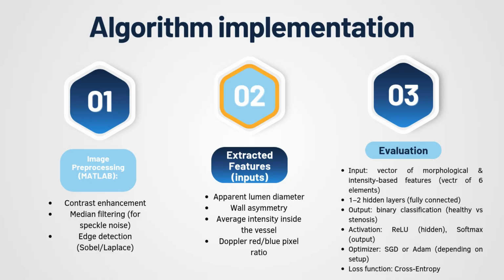Using MATLAB, we implemented a neural network from scratch, with one hidden layer and the sigmoid activation function. We trained using the backpropagation algorithm over 400 epochs, minimizing the error by adjusting the weights and the bias.